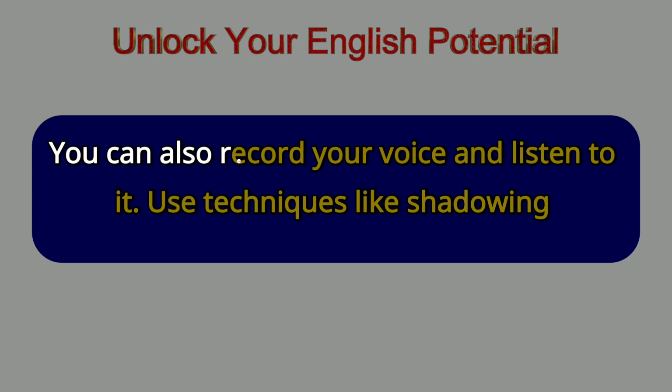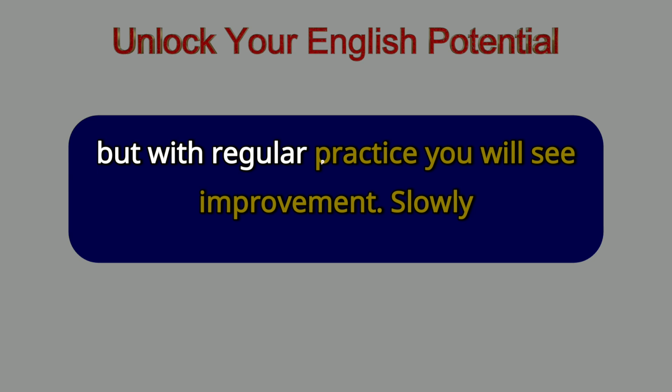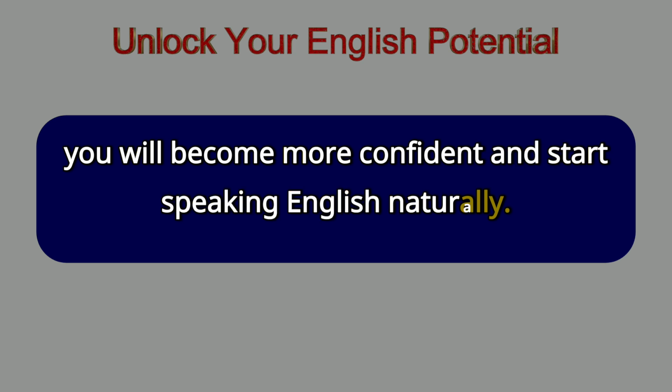You can also record your voice and listen to it. Use techniques like shadowing to improve your pronunciation and confidence. At first, it may feel difficult, but with regular practice, you will see improvement. Slowly, you will become more confident and start speaking English naturally.